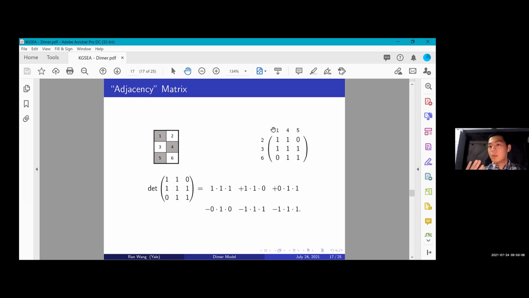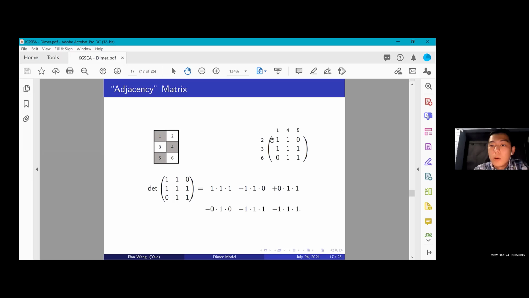That's totally fine. But this is the general idea. So we'll put 1, 4, 5 here as the indices of the rows, and similarly put the white ones 2, 3, and 6 here as the indices of the columns. Okay, and then we will put 1 or 0 in this matrix.